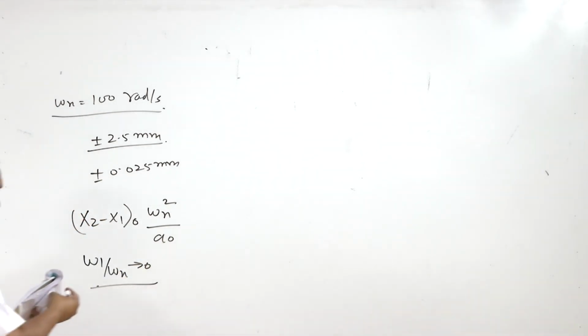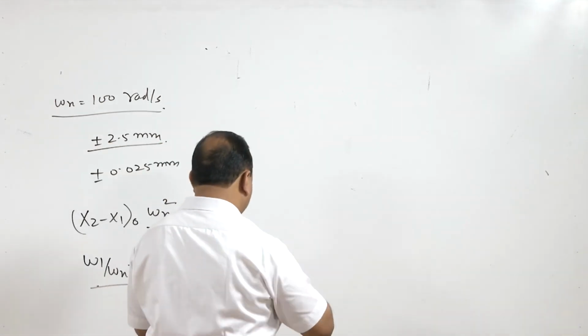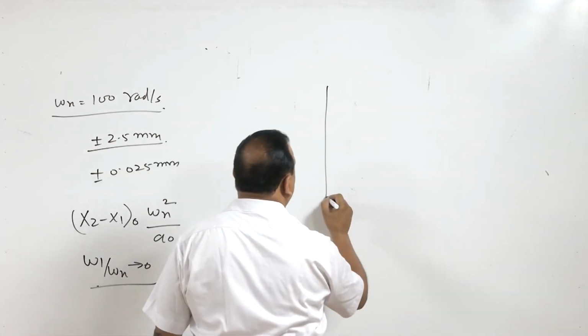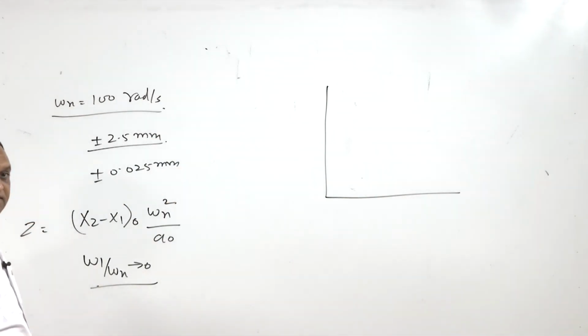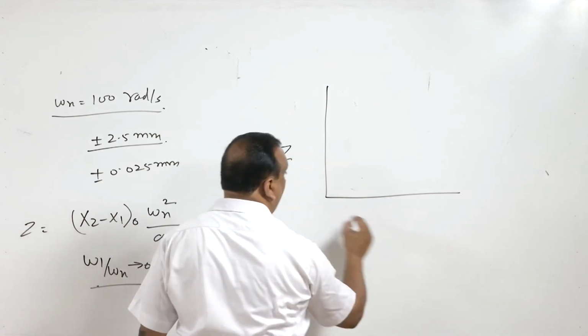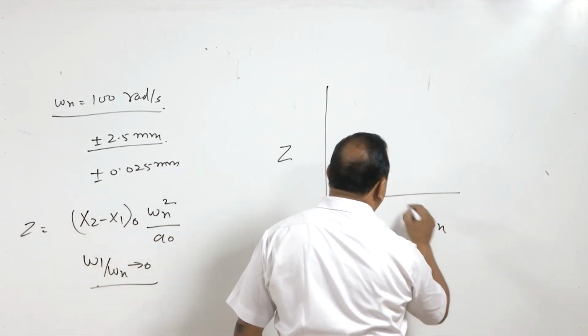If you look at this graph, this is the Z parameter versus omega by omega n.